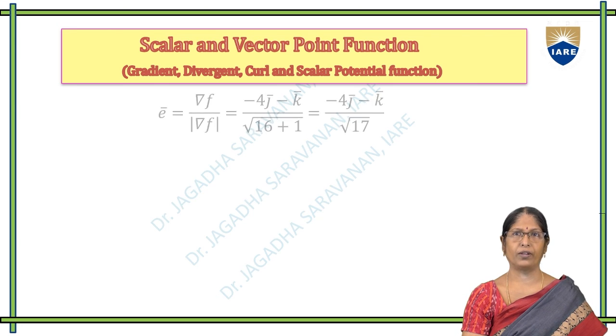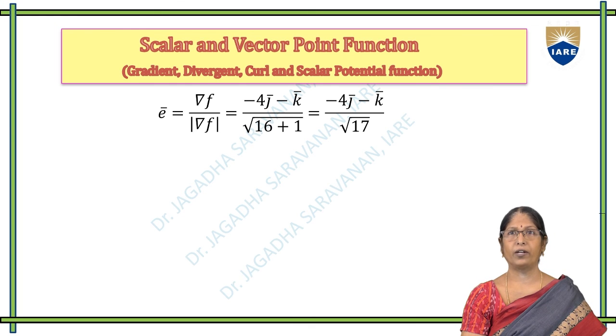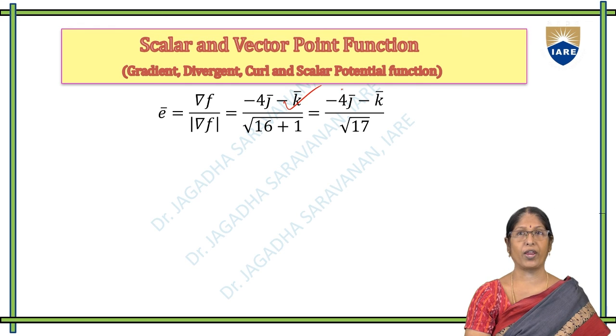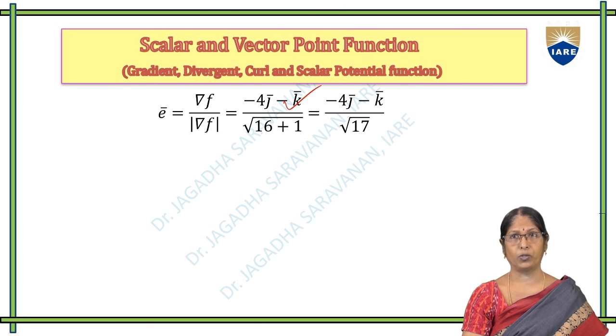For the conversion, we know it very well: the particular vector divided by its modulus. So what we obtained, the gradient of f, is nothing but minus 4j minus k divided by its modulus.